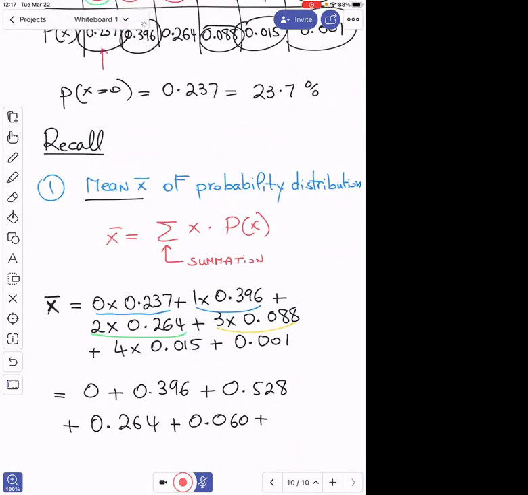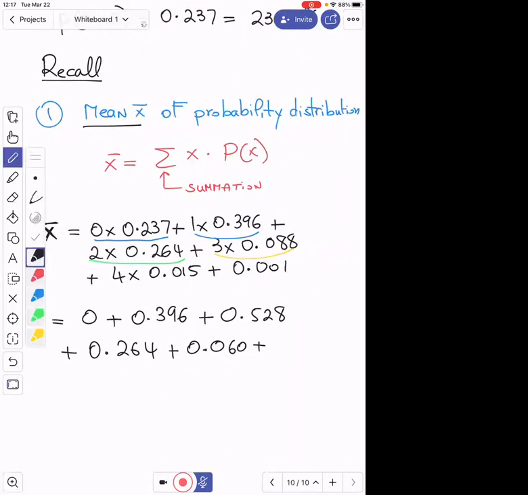The last x is 5, so this is 5 times 0.001, that's 0.005, and I think we said the answer is 1.253. So that would be the x bar.